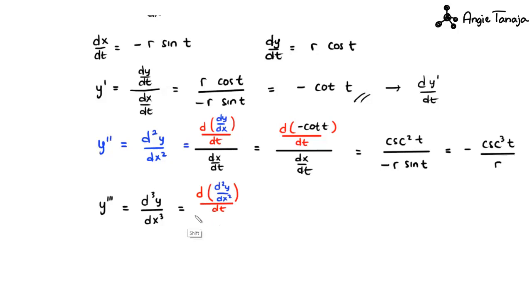And because you do it with respect to t, we have to divide this by dx over dt again. Or in your handbook, we can see that it is just d of y double prime with respect to t over dx over dt. This one is simpler, it's easier.